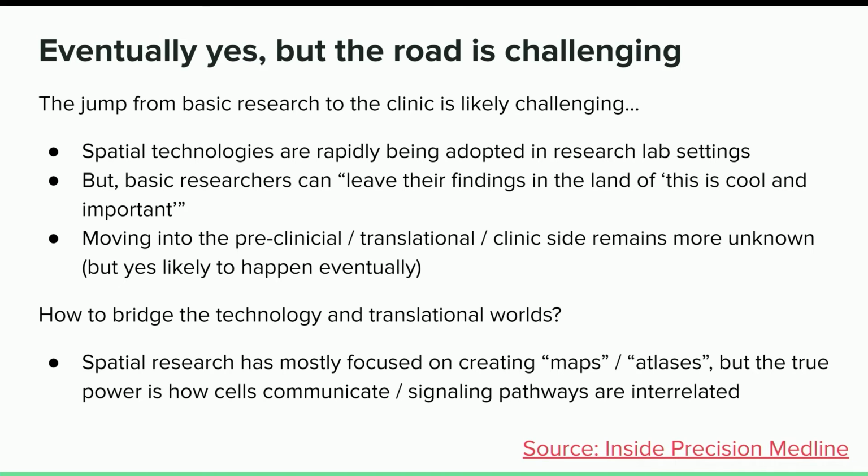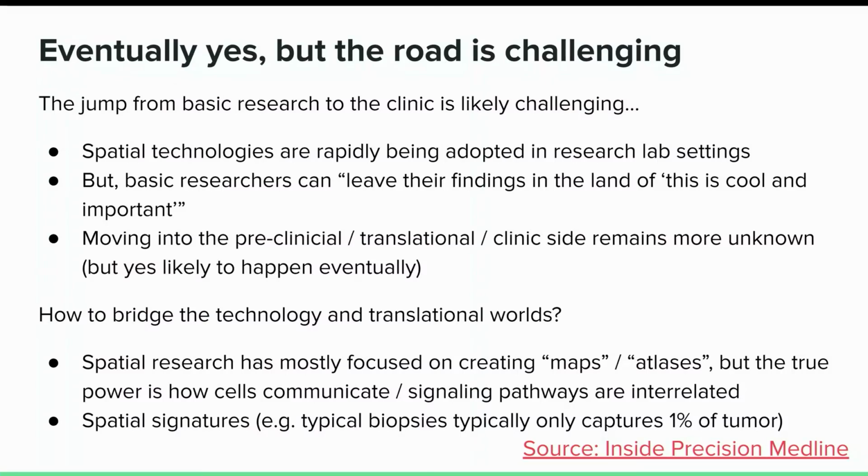So, as I mentioned, to date, a lot of the spatial research has been focused on generating these large atlases. That's good. I mean, we have to have a baseline of what we expect. But the true power of spatial is really to be able to zoom in and ask questions about how cells are communicating, or the interplay of signaling pathways in a 2D space.